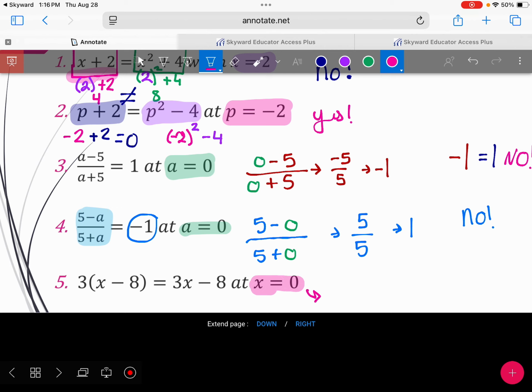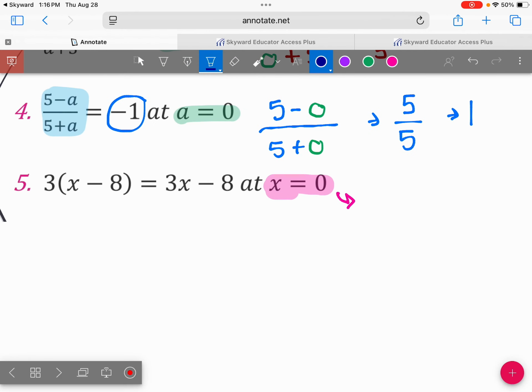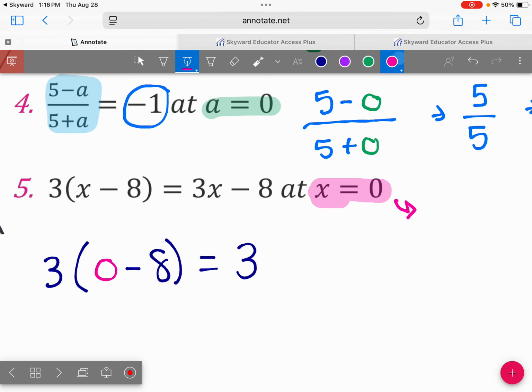Substitute it in. Change my view again, just so I can write it out. Because if we substitute in that 0, we're doing 3 times 0 minus 8, and 3 times 0, and then minus 8.